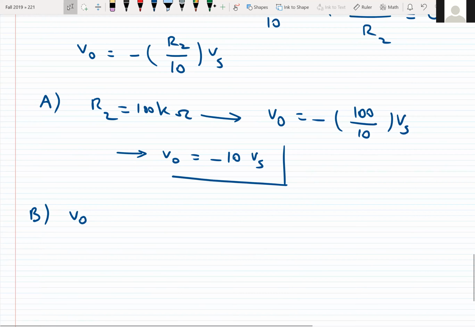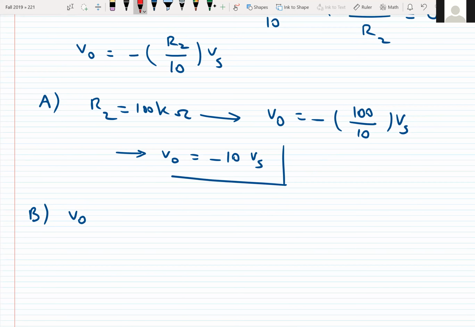So VO is equal to negative 15 volts, because the op amp is saturated.